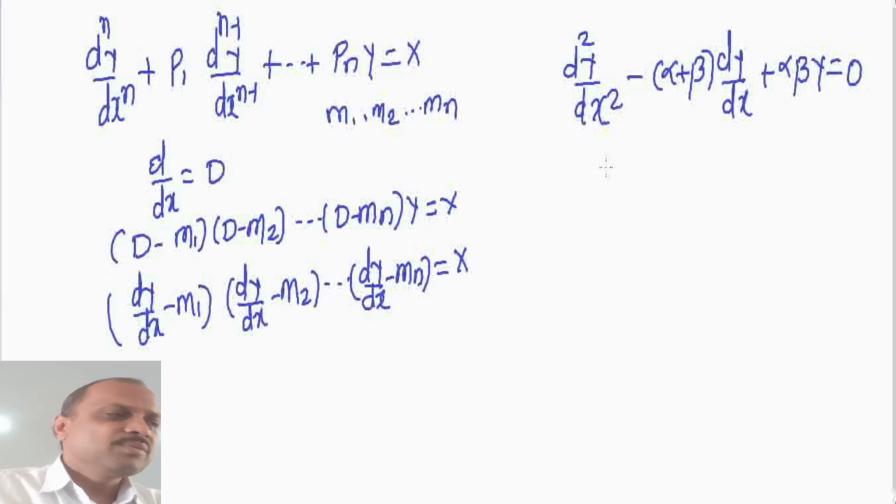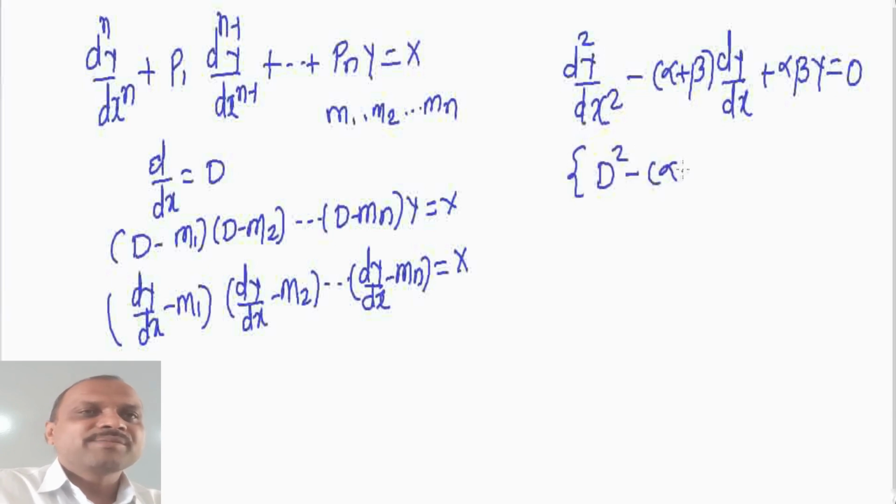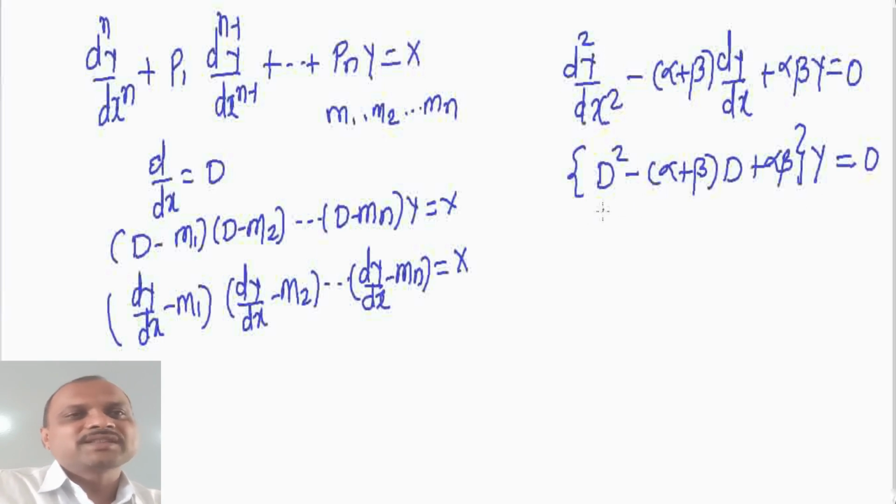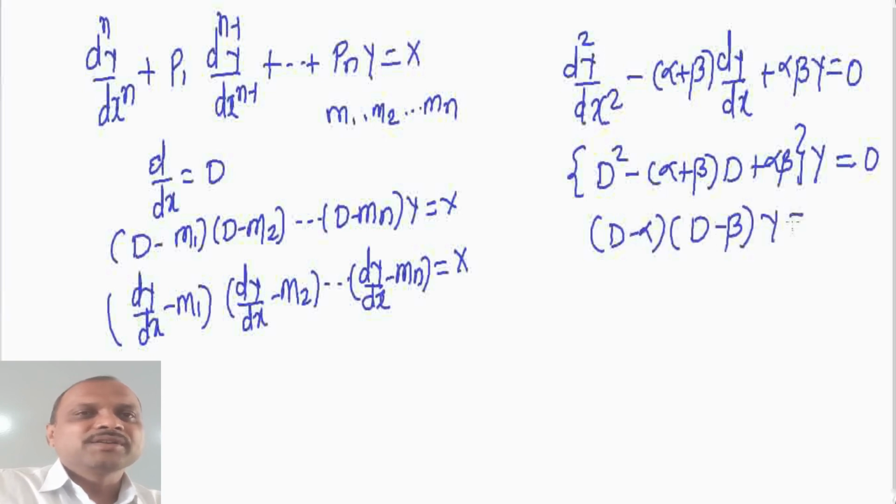Then the same equation using the symbol can be written as (D square minus (alpha plus beta) D plus alpha beta) operating on y equal to 0, and in terms of factors as (D minus alpha)(D minus beta) y equal to 0.